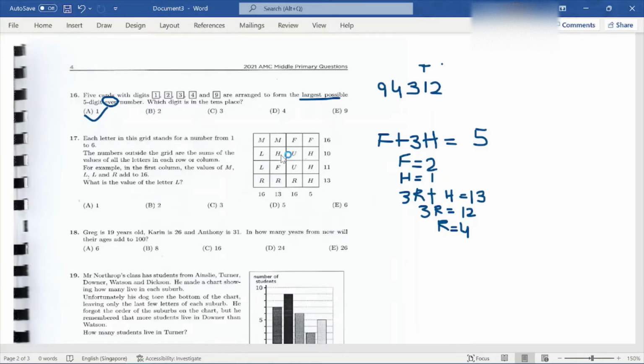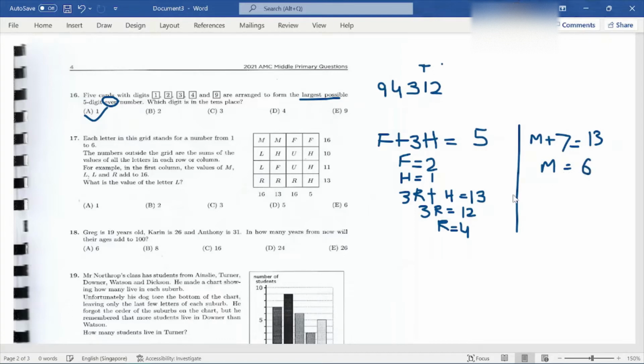So we can easily figure out the value of M. So M plus H, that is 1, plus F, which is 2, 2 plus 1 makes 3, 3 plus R is 7. So M plus 7 equals 13. That is the equation building up here from column number 2. M plus 7 equals 13. Thus M equals 6.